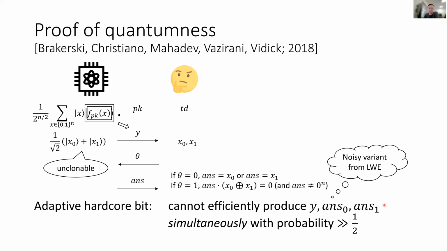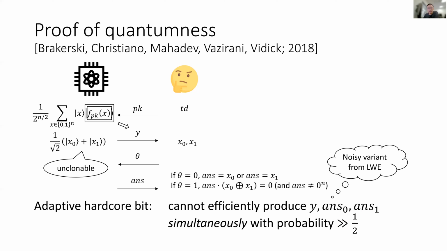So if your cloning is very good, then I should be able to produce both x0 and x1 with higher probability than 1/2, which is a contradiction. Okay, so there seems to be some computational unclonability here.